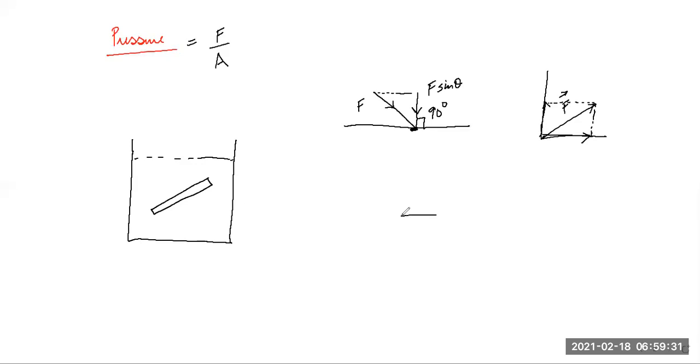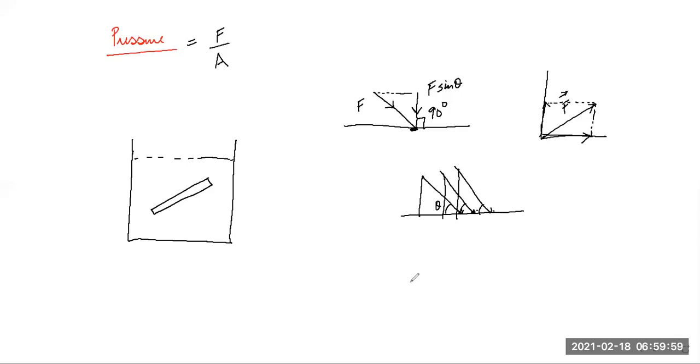Once again, if this is a plane surface and there are forces acting at some inclination, let's say all these forces are inclined at angle theta, so their vertical component, acting on these points, would be responsible for creating pressure.